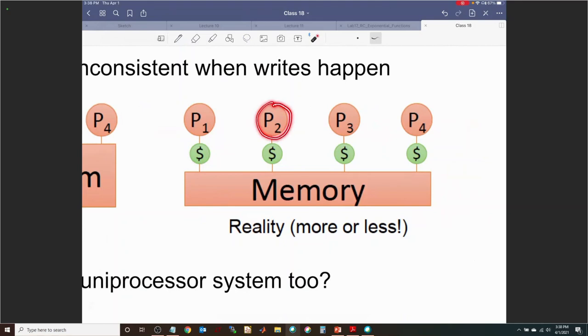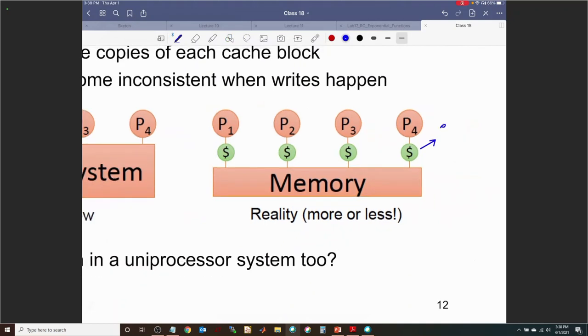Processor 2 has a small and expensive private cache right next to the processor, which again has access to this shared memory. And similarly for processor 3 and processor 4. So the dollar sign here is indicating that you have an expensive private cache. Right. So this is the expensive private cache for processor 4.